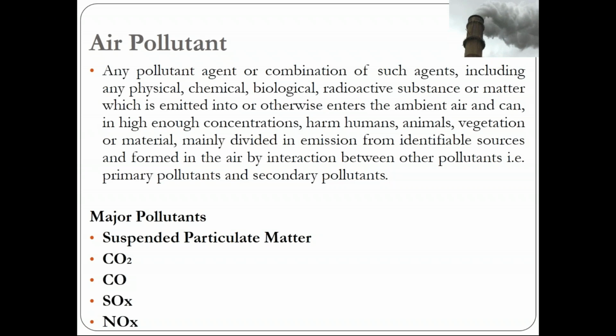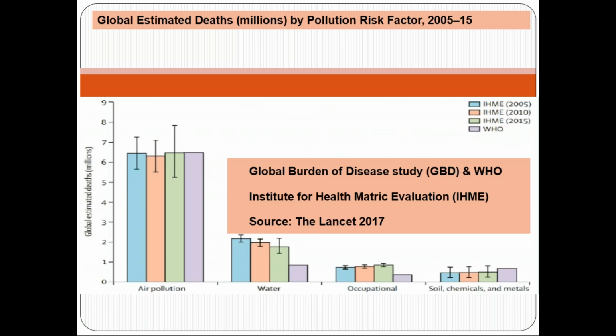Pollutants are mainly divided into those emitted from identifiable sources and those formed in the air by interaction between pollutants, like primary pollutants and secondary pollutants. They can be called air pollutants. The major pollutants are suspended particulate matter, CO2, CO, SOx, and NOx. These are the major pollutants, but you can see a number of others.